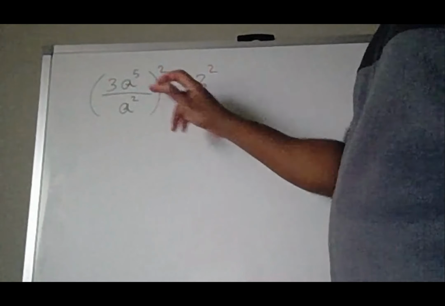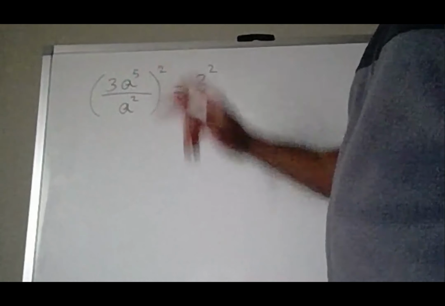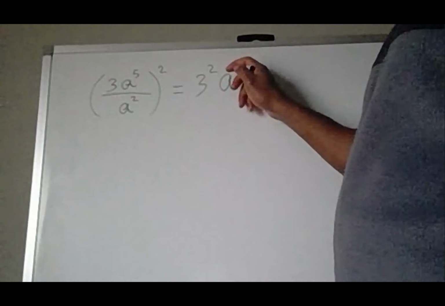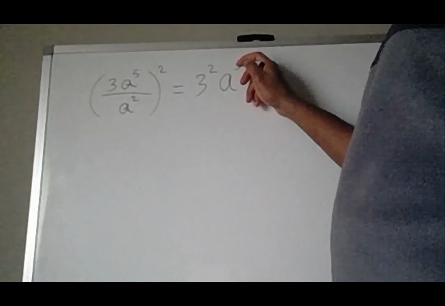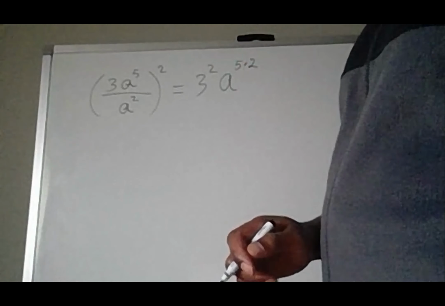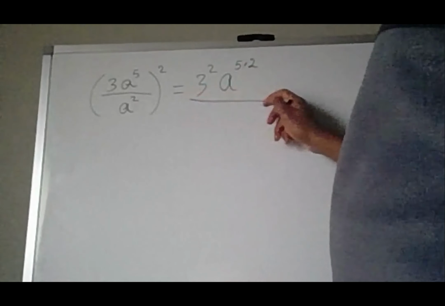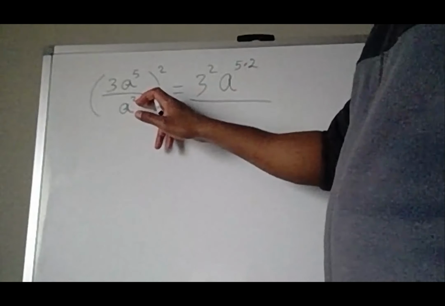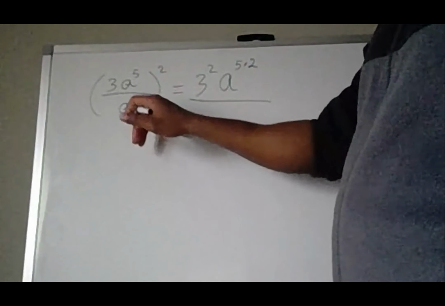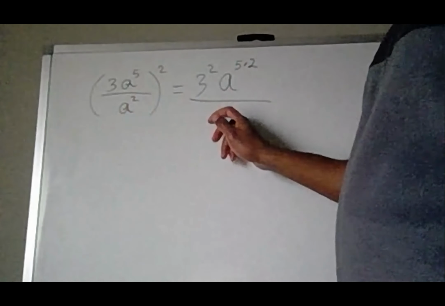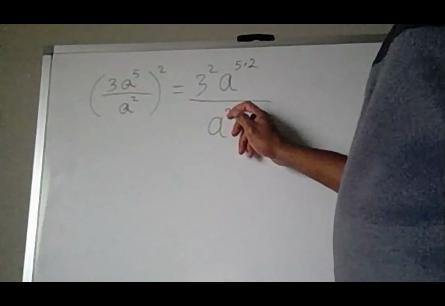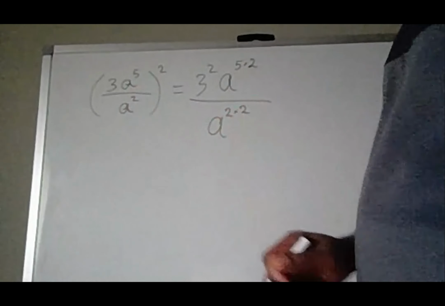You're also going to raise a to the 5th power to the second power, so a to the 5th times 2. And you're also going to raise a to the second power to the second power. How do you do that? You're going to multiply the powers again, so a to the second times 2.